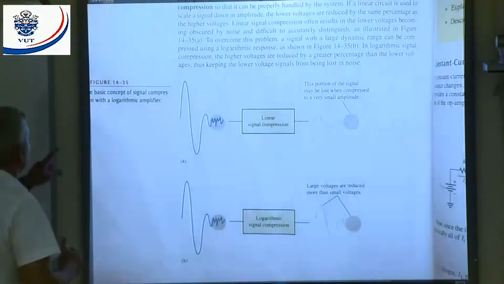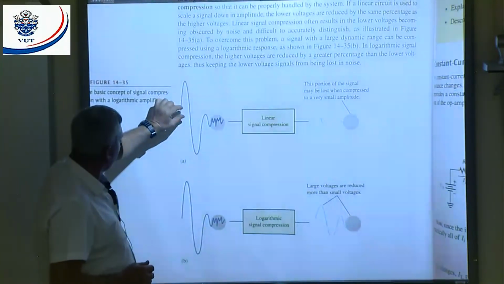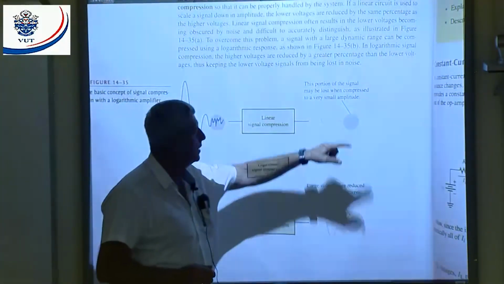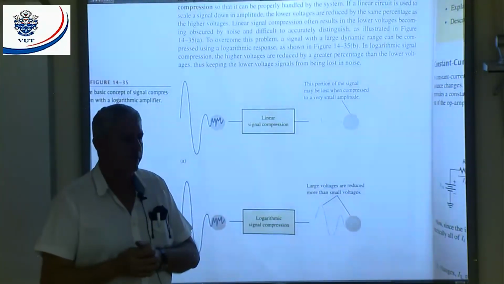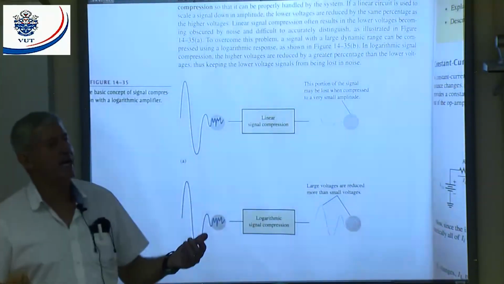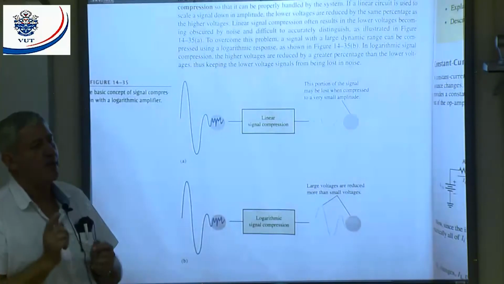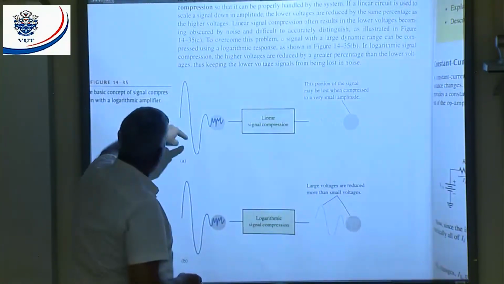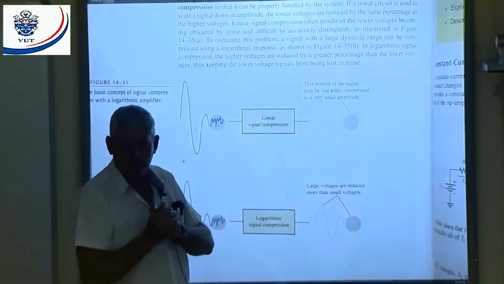Now, let's say you have something like that. You put it through a linear signal compression. The large amount and the small amount will be compressed with exactly the same value, all right? Let's say my compression is 10 or my compression is 100. That means I'm going to make that signal 100 times smaller. But when it's linear, this large part and the small part, everything will be 100 times smaller, all right?